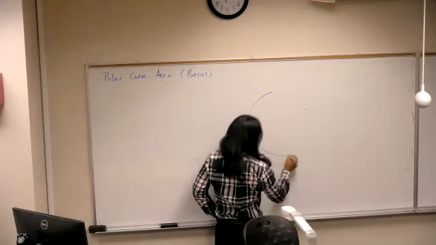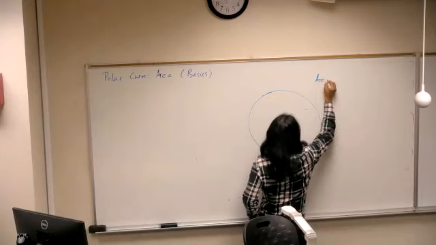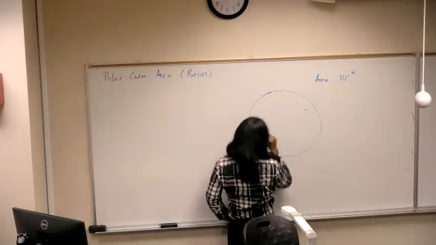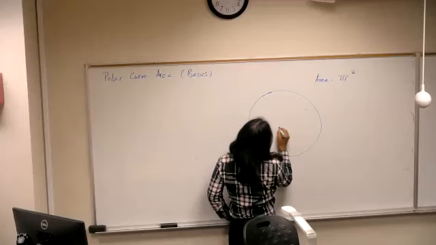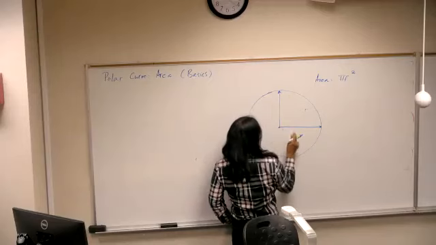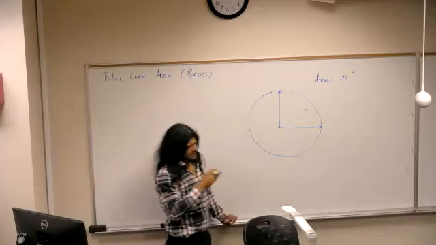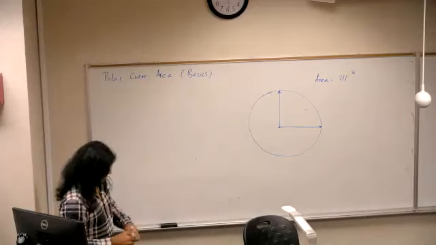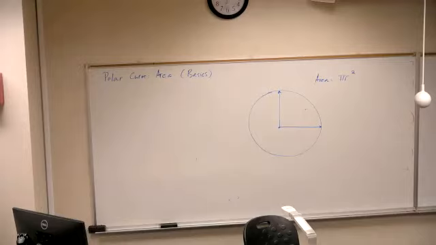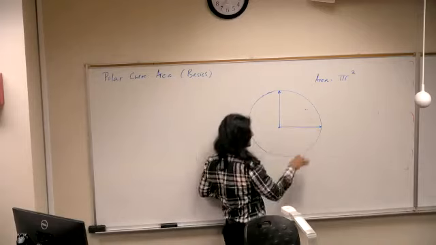Pi r squared, okay. r here, r there. If we take a quarter of a pi, what is the area of a quarter of a pi circle?